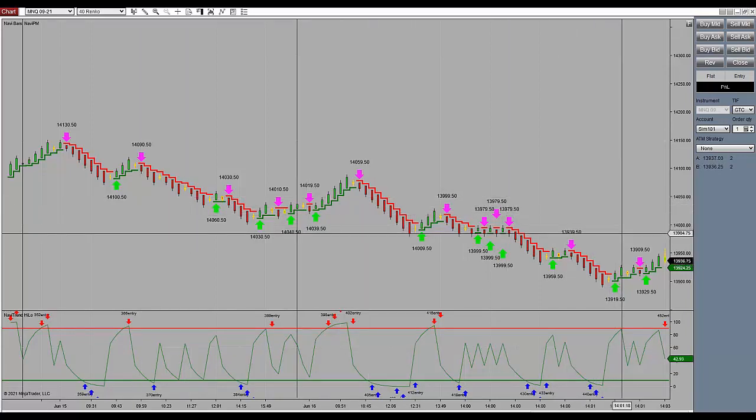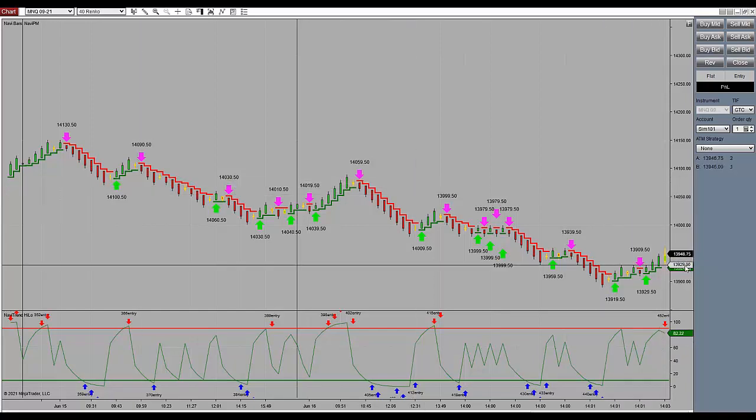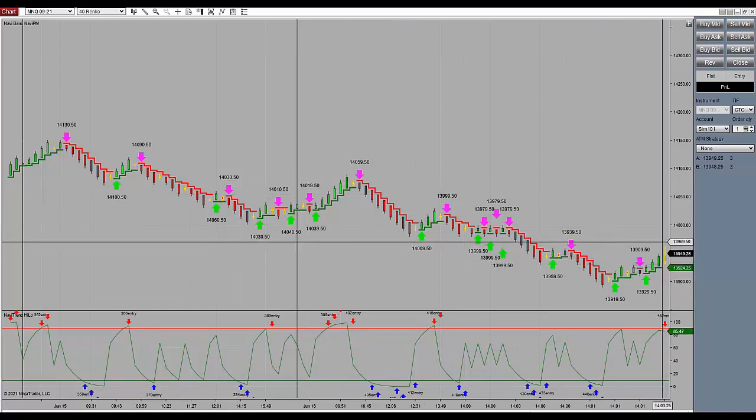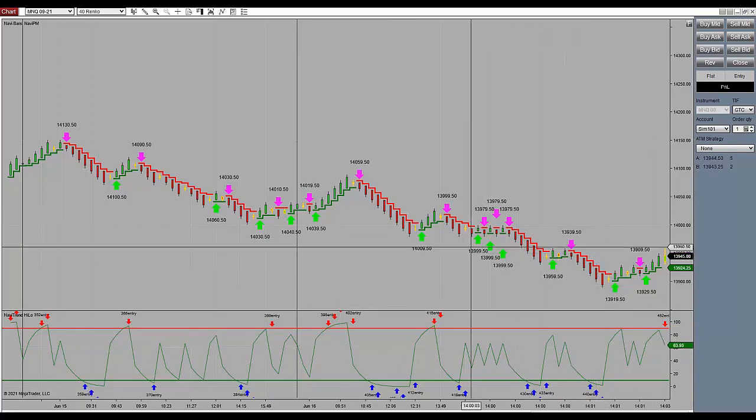All right, so if anyone has questions, let me know. I'm going to bring over some other charts here in just a second. But in any case, you can see the Fed announcement tend to get a lot of different signals.